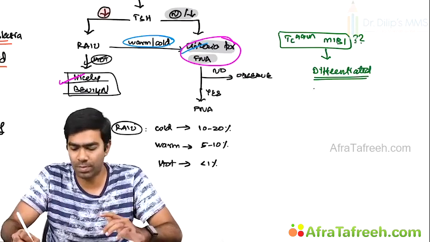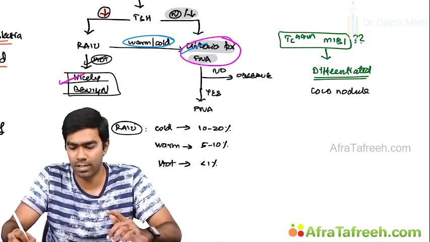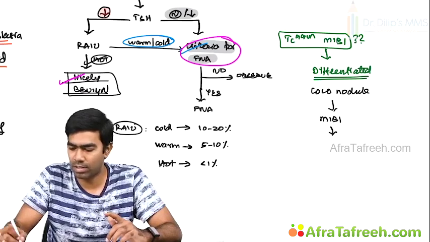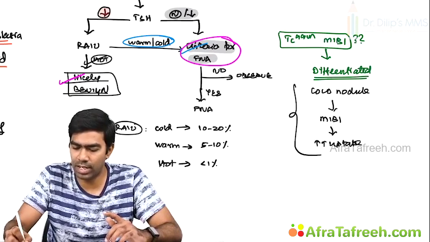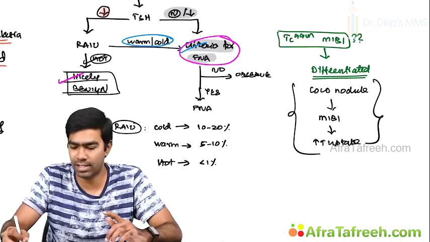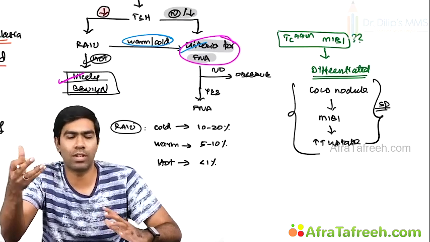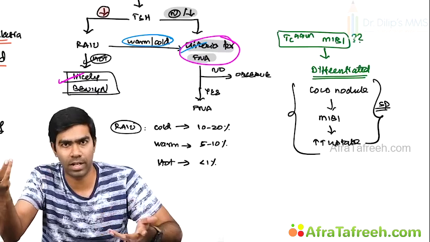It will be useful especially when you have a cold nodule. Let us say you have a cold nodule in routine uptake scans and you are doing a MIBI scan. In the MIBI, you are seeing increased uptake. So this is said to be relatively specific for cancers like papillary thyroid cancer, which means you are encountering a cold nodule in other uptake scans and scintigraphy like radioactive iodine uptake.